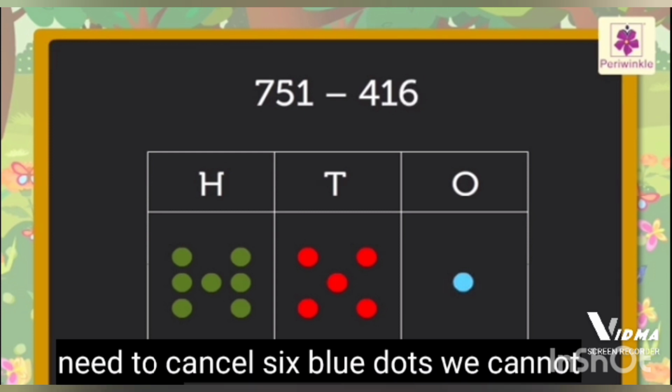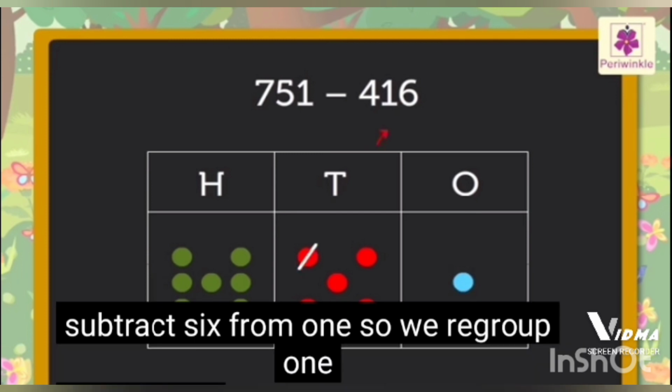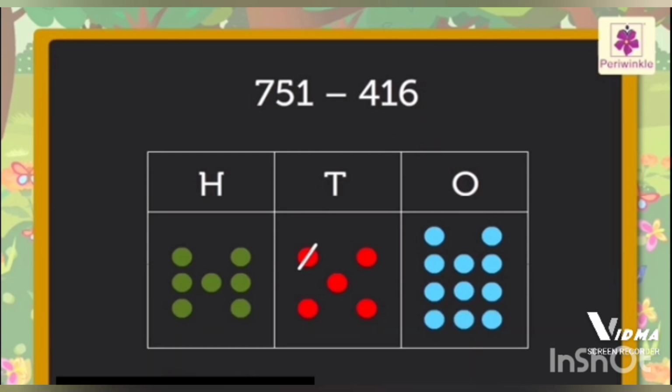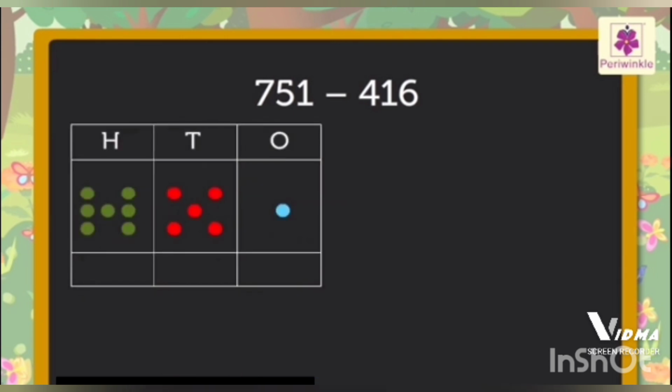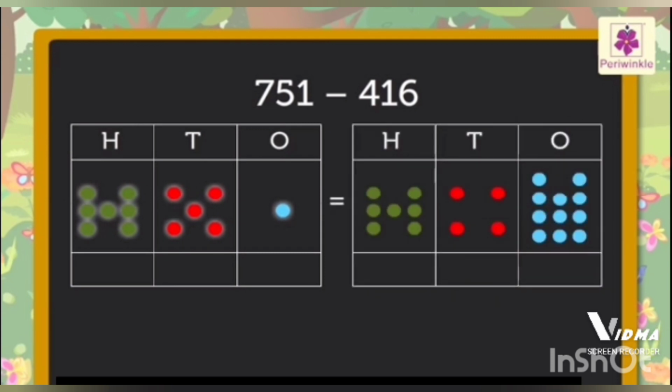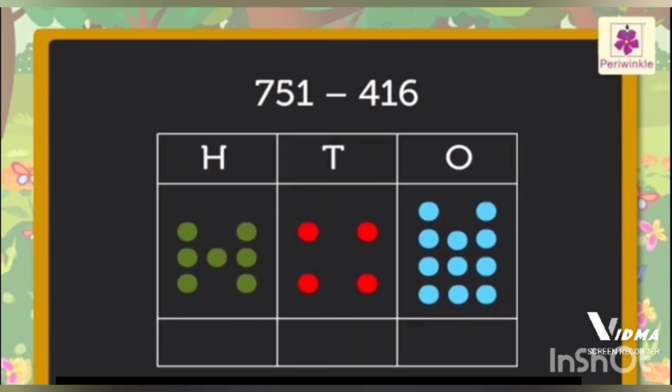We cannot subtract 6 from 1. So, we regroup one red dot to 10 blue dots, as we already know that one red dot is equal to 10 blue dots. So, now we represent 751 with dots like this.